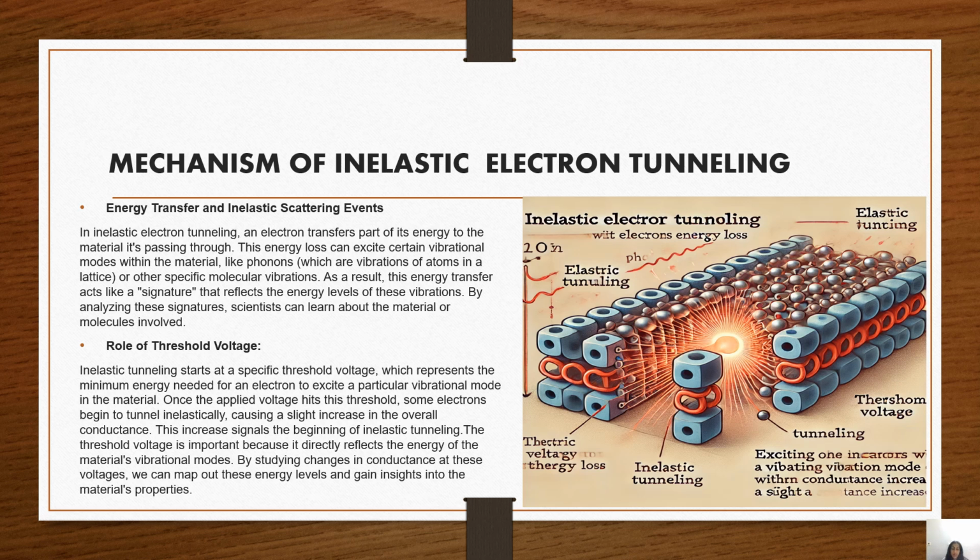The second is the role of threshold voltage. Inelastic tunneling starts at a specific threshold voltage, which represents the minimum energy needed for an electron to excite a particular vibration mode in the material. Once the applied voltage hits this threshold, some electrons begin to tunnel inelastically, causing a slight increase in the overall conductance.